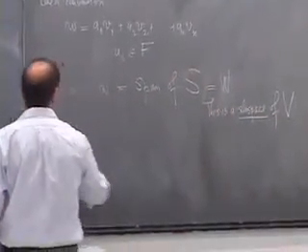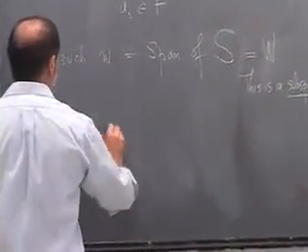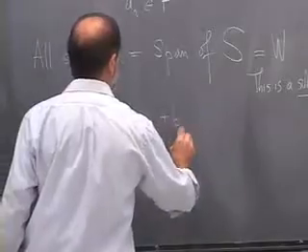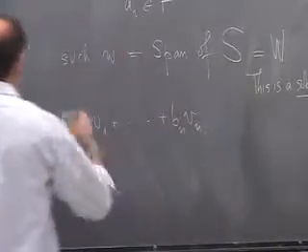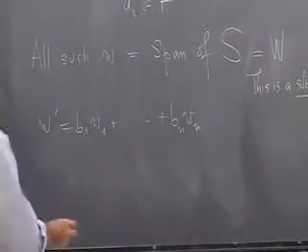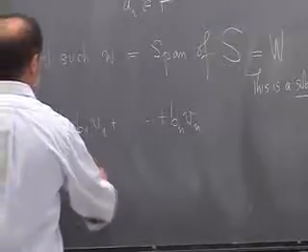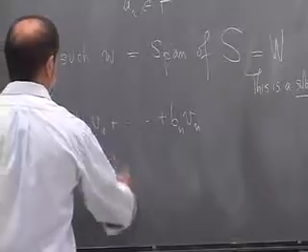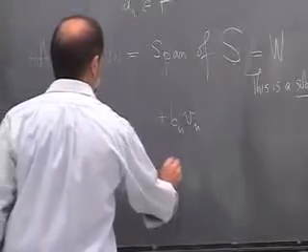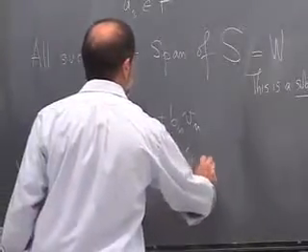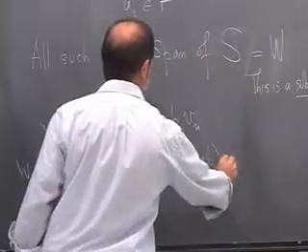W prime is B1 V1 plus Bn Vn. And if you use the associative law or the distributive law of addition, you find that W plus W prime is (A1 plus B1) times V1 plus (An plus Bn) times Vn.